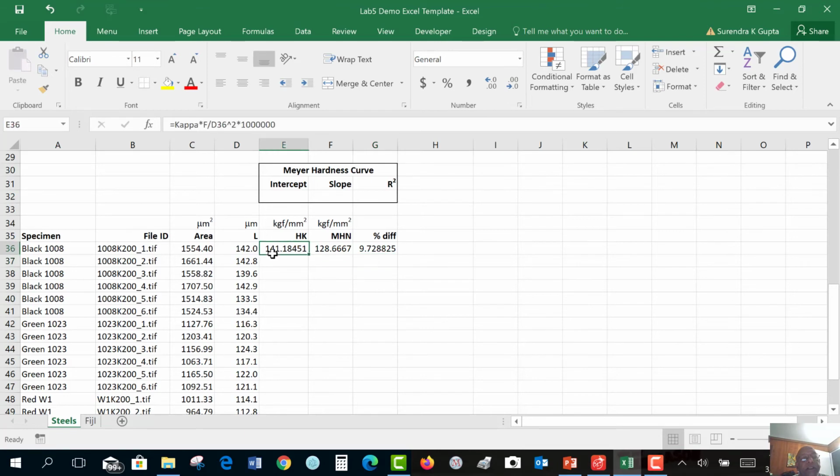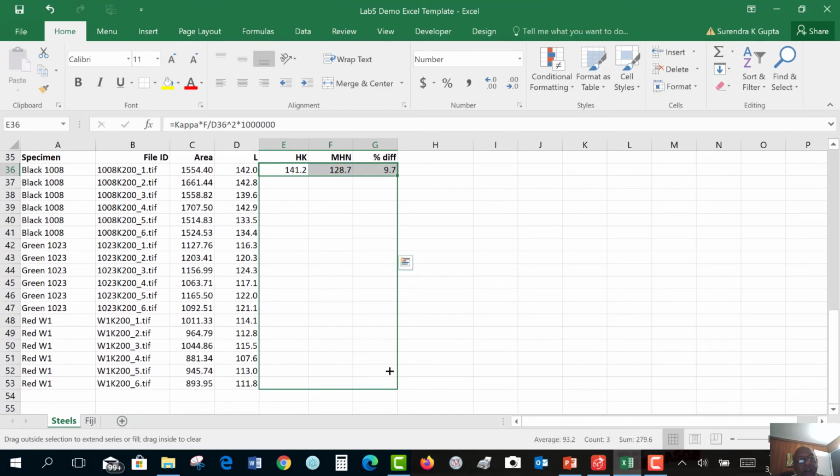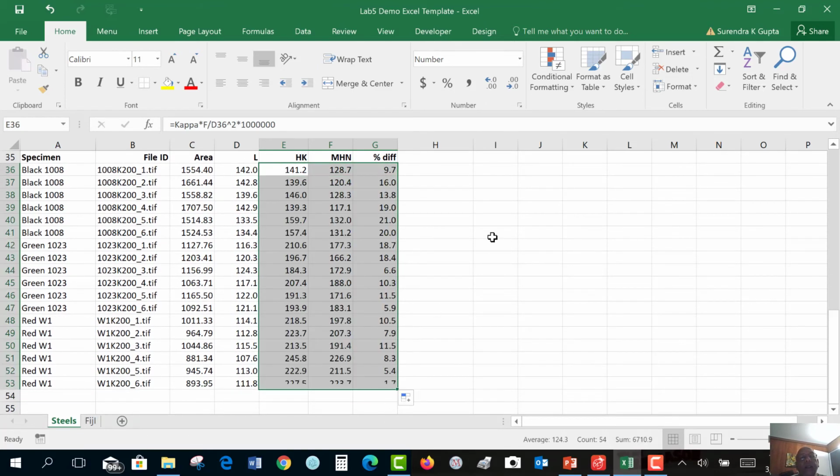Okay, let's adjust some digits. We want 1 digit here, 1 digit here, and 1 digit here. And we are going to take all these three formulas, copy them down.